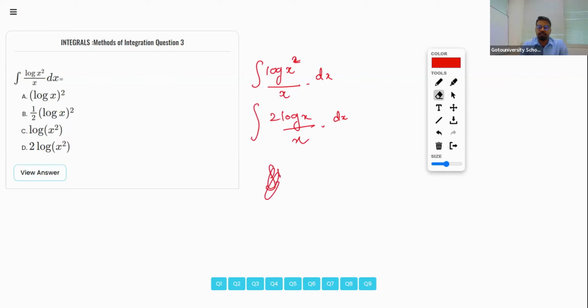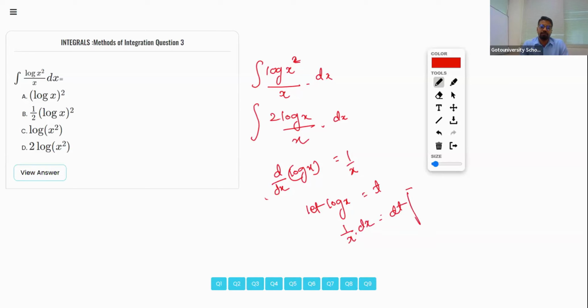D by dx of log x is what? 1 by x. That's why let us assume log x be t. When you differentiate, 1 by x dx is equal to dt.